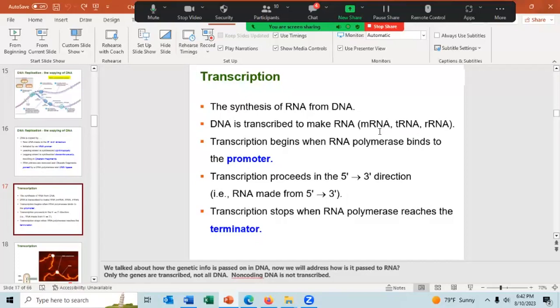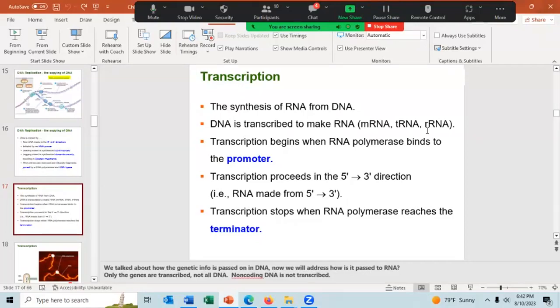And if it's a messenger RNA, it'll have a different sequence. And the sequence of messenger RNA will vary because there are so many different genes that code for a protein. But there's only a handful of genes that code for tRNA and a handful of genes that code for rRNA. Any questions about any of that?